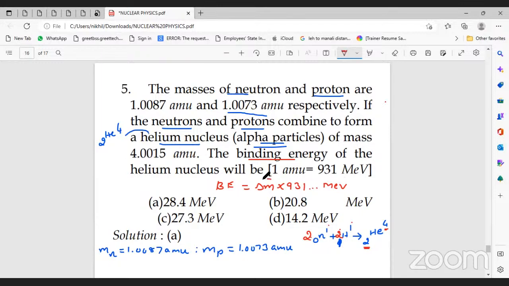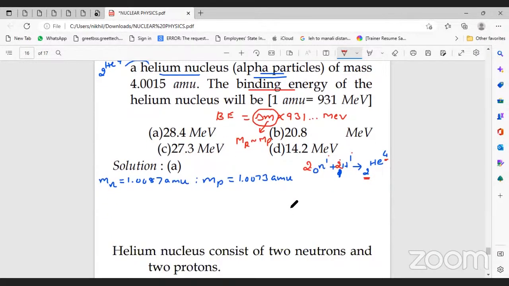But how to calculate this delta M, students? This delta M can be calculated as mass of the reactant minus mass of the product. Mass of the reactant minus mass of the product gives the mass defect delta M. So how to calculate the mass of the reactant?